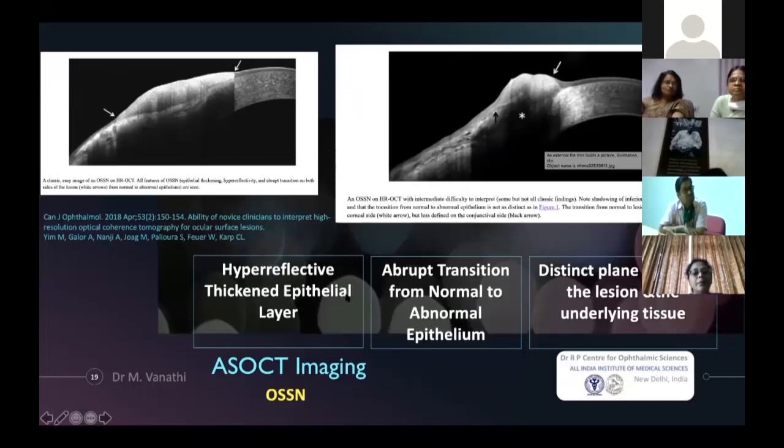When you have a hyperreflective thickened epithelial layer, which can be well delineated on your ASOCTs, there will be an abrupt transition from the normal epithelium into the abnormal epithelium in these cases, and you will be able to see a distinct plane of the anomalous malignant tissue as compared to the normal tissue lying behind.